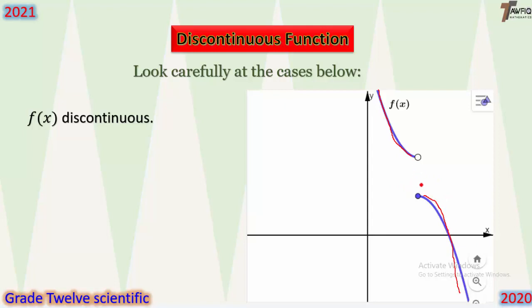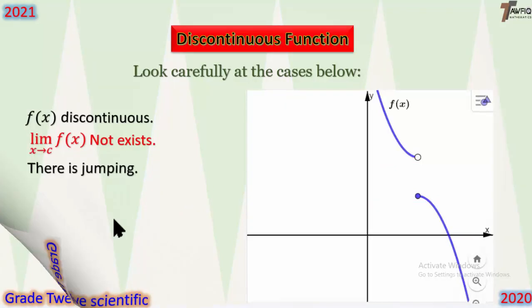There is a jump because the function has two parts. Because of that, the left limit here is different from the right limit here. Therefore, the limit does not exist. Because of that, the function is discontinuous.